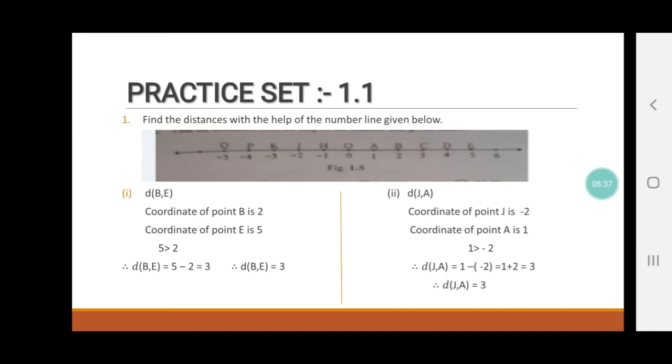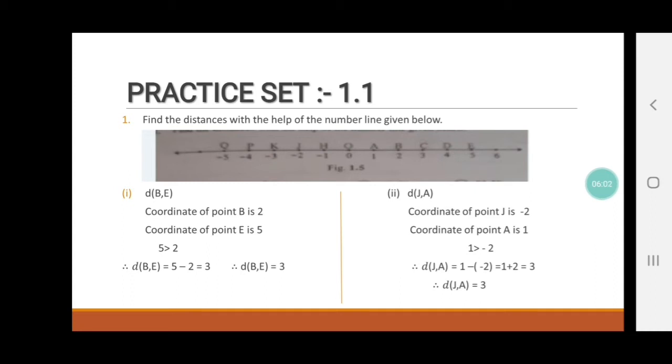Find the distance with the help of the number line given below. In the number line, just refer to your book. It is figure 1.5. So O is representing 0, A is representing 1, B is representing 2, C is representing 3, D is representing 4 and E is representing 5.